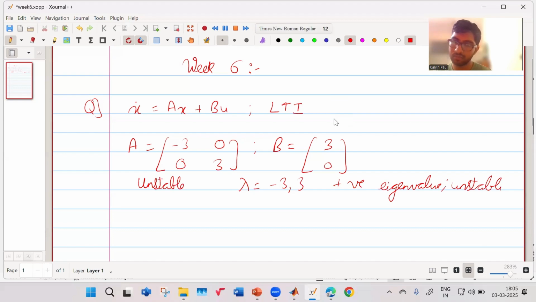In this case, we design a controller such that the eigenvalues are on the left side. So we have to design a controller which will be able to force the system eigenvalues to be in the left side of the S plane, so we can say that the system is stable. So should I directly proceed with the design, or should I check something?